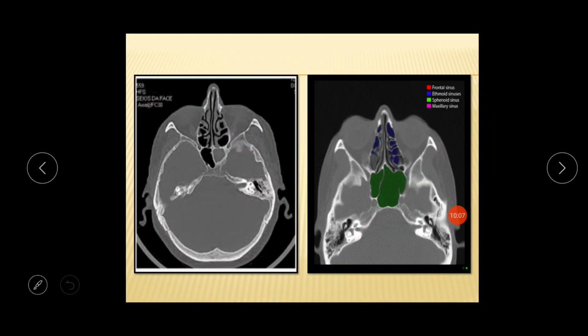The ethmoidal sinus is situated between the medial wall of the orbit here and the upper third of the lateral nasal wall. They are multiple in number as shown in this diagram by the different violet colored cavities.